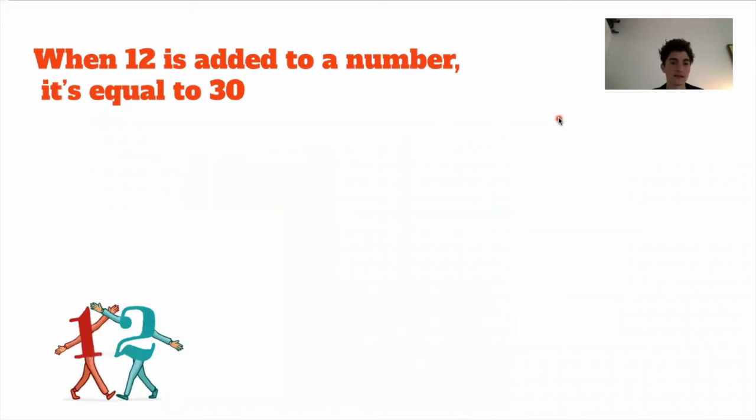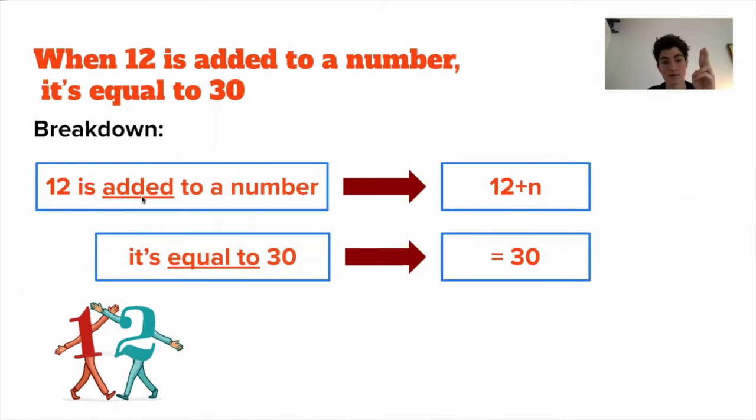So here's another similar problem. When 12 is added to a number, it's equal to 30. When we break this down, we can see that there are two parts to it: when 12 is added to a number, and it's equal to 30. So 12 added to a number signifies that we're going to be using addition. And like the last problem, a number we're going to signify with n. And when we see is equal to 30, we know there's an equal sign in there, so it's equals 30.